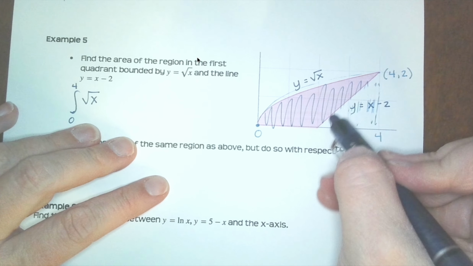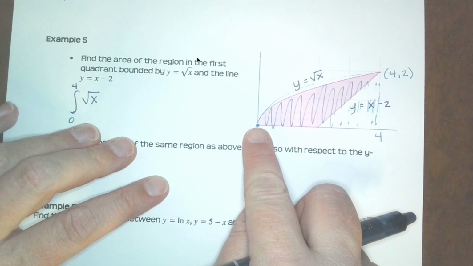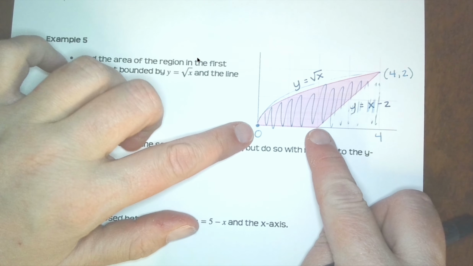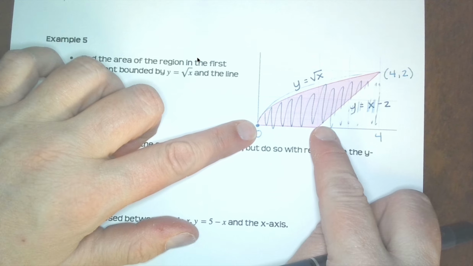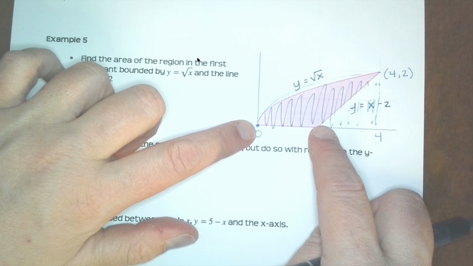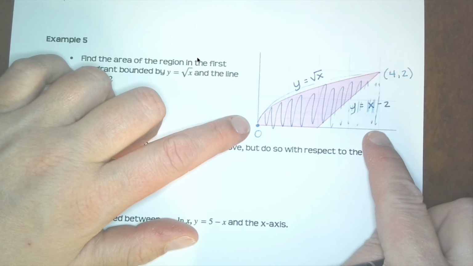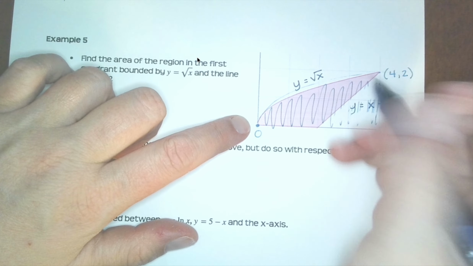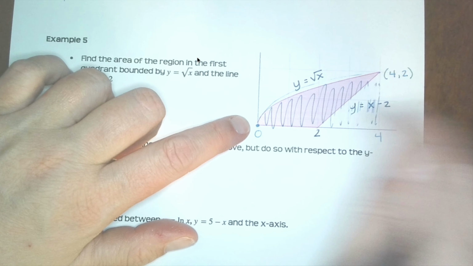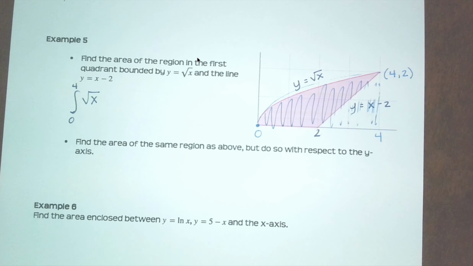But notice that this area, this little triangle, doesn't start at 0. That's because these two graphs don't intersect, right? These are two different endpoints. So for the x minus 2, I'm not integrating all the way from 0 to 4. I'm only integrating from, this is at 2, again, because that would be the x-intercept, right? I'm only integrating from 2 to 4.